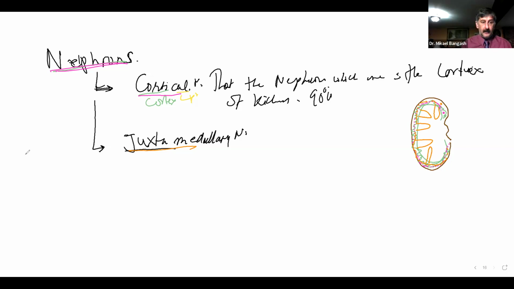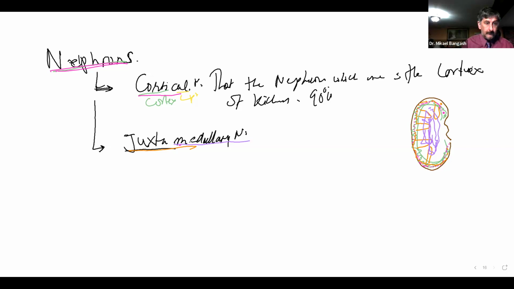The loop of Henle of these nephrons will extend into the medulla. So those kind of nephrons will be referred to as the juxtamedullary nephrons.